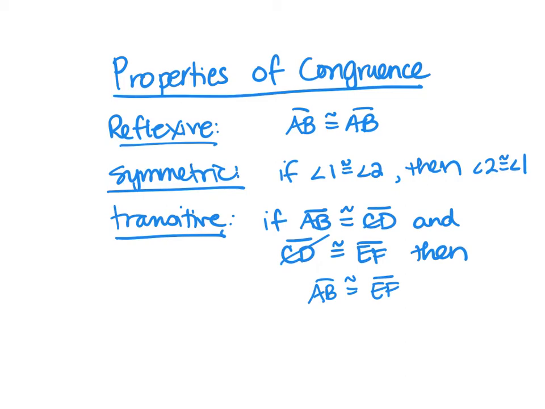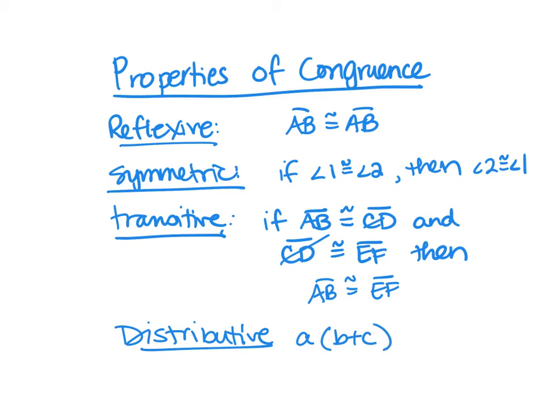So that's how you would apply that. And then the final property is the distributive property. And that you should know from algebra. It just says that if I have A multiplied by B plus C, then that's going to be AB plus AC.